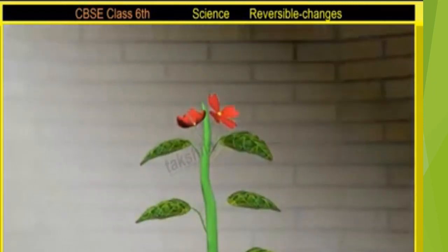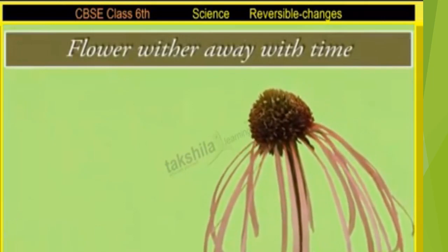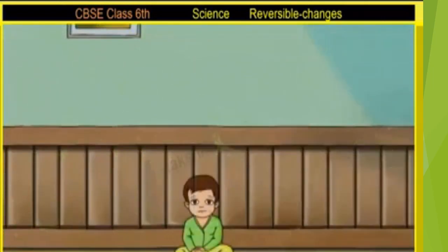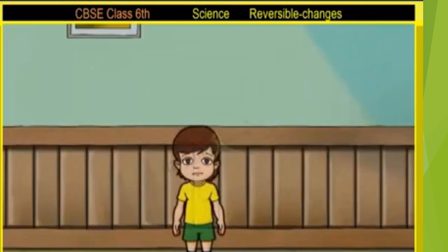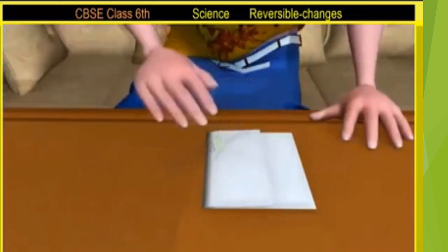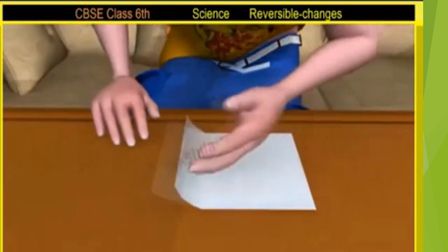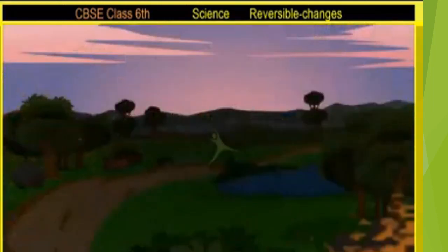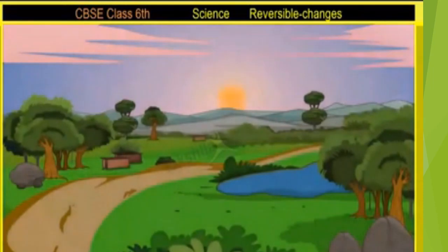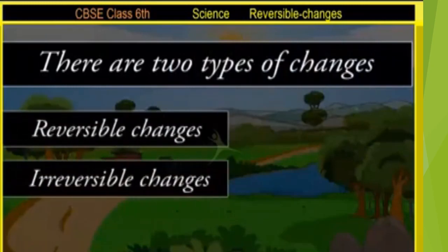The flowers bloom and then wither away with time. You grow taller and your weight increases as you grow. You can see that so many changes are taking place around you all the time. We can group various changes on the basis of similarities between them. There are two types of changes: reversible changes and irreversible changes.